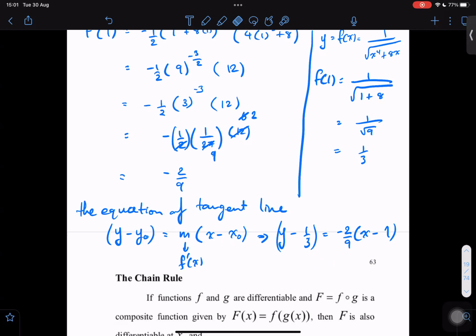Do you have any question here? If you don't have, then I will continue with chain rule, and I think this is the last thing that I'm going to teach you for today.